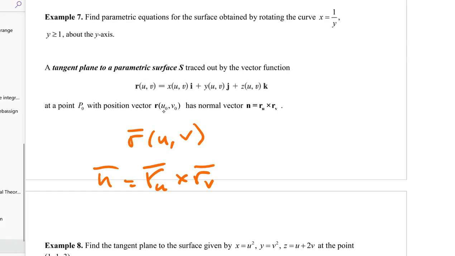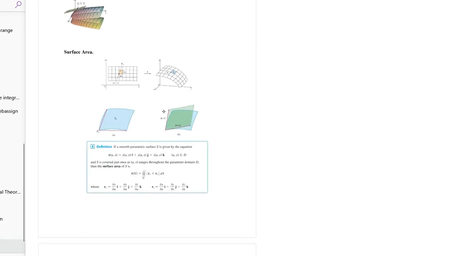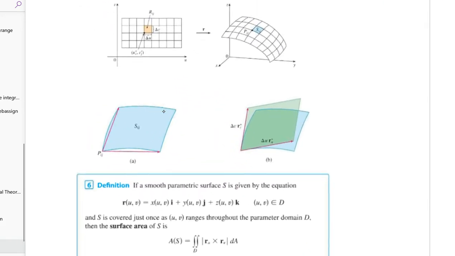All right, so what you're doing here basically is looking at a little piece of your surface. You have a vector here and a vector here that form the tangent plane to that surface, which approximates it very well.